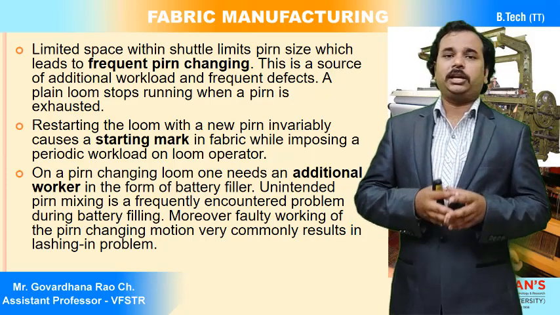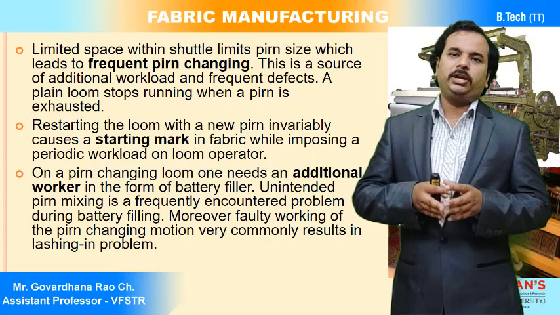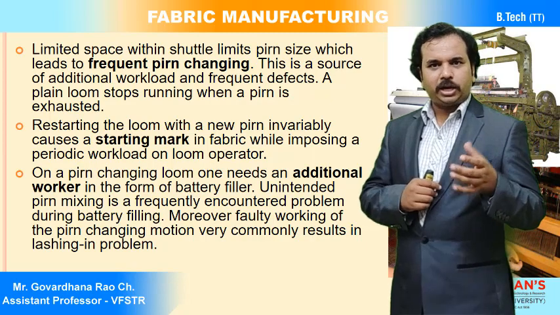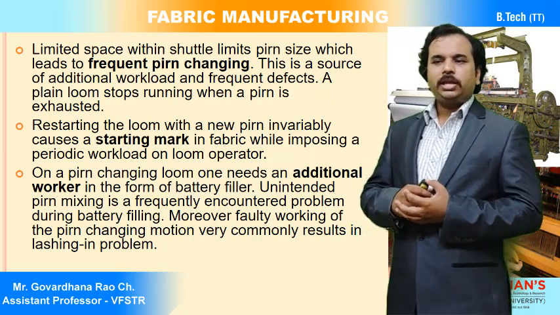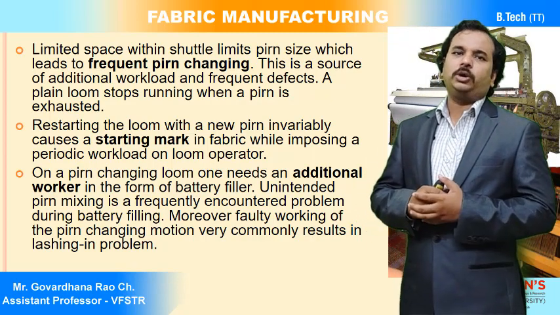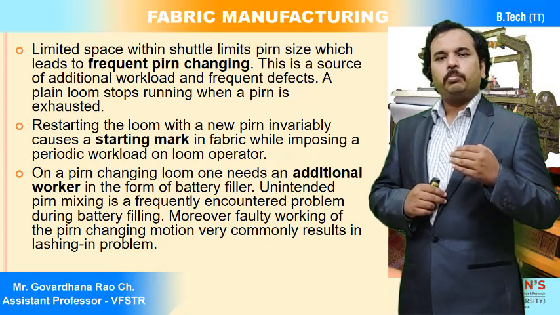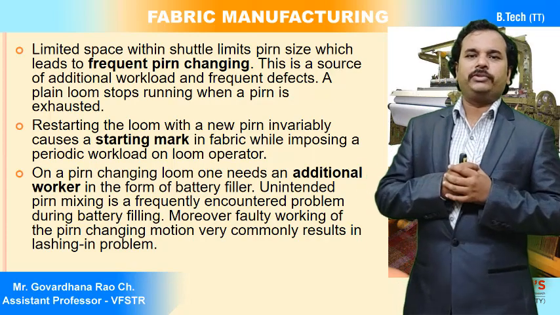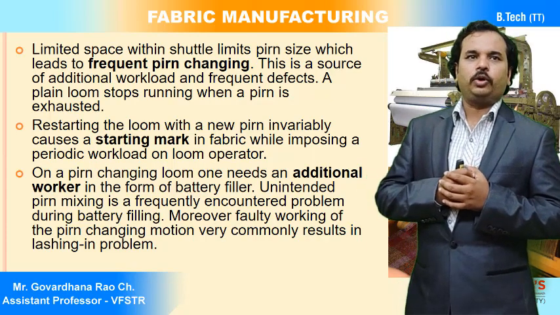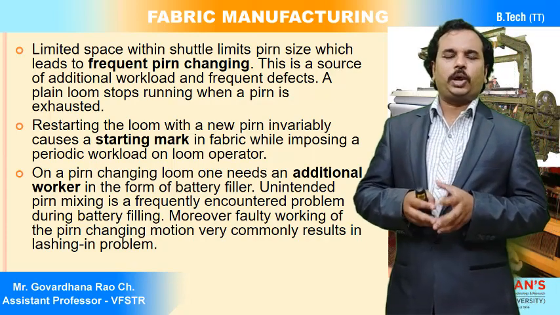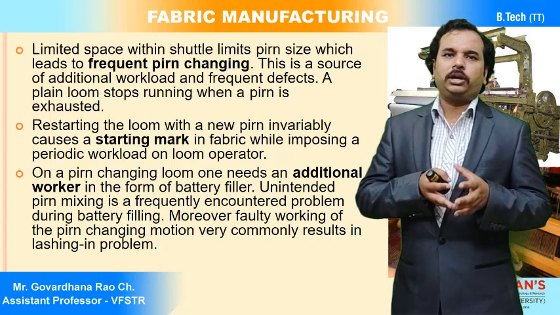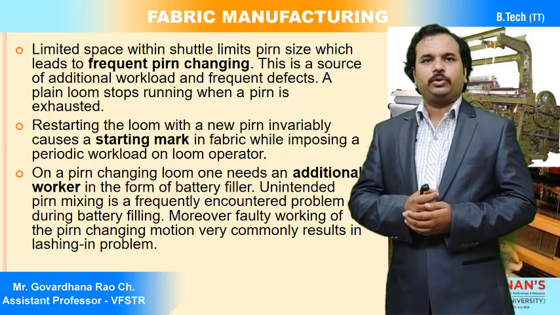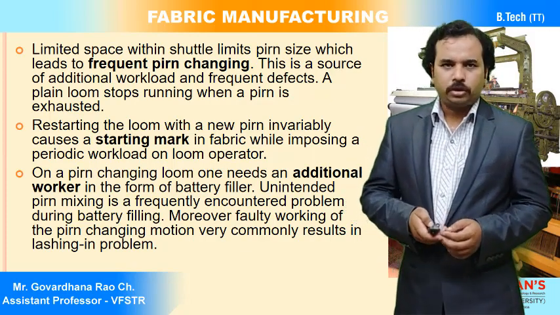So the shuttle design and shuttle parts are going to be different for this particular case. If we have that type of mechanism, then we need an additional worker to mount the weft packages in the magazine of the weft changing mechanism. Okay, so additional workers are required if we want to use this type of mechanism.